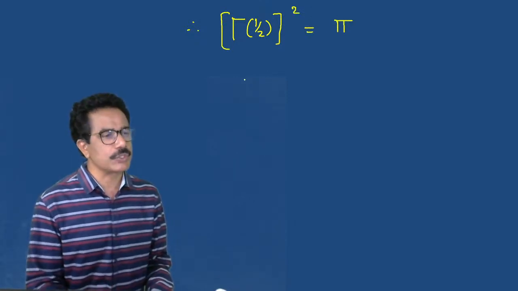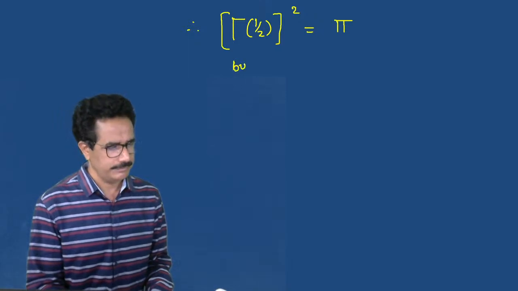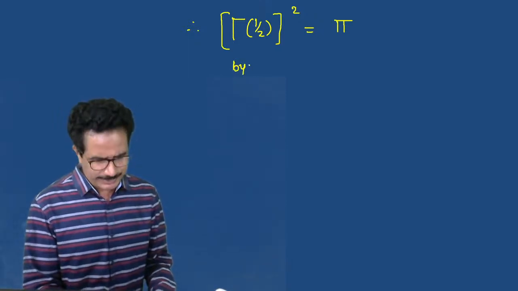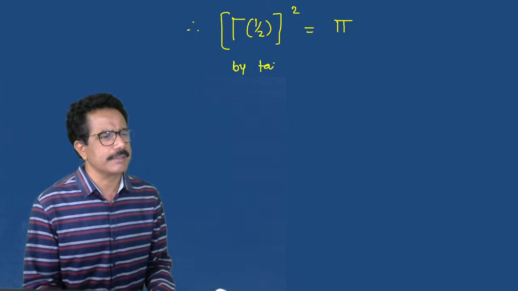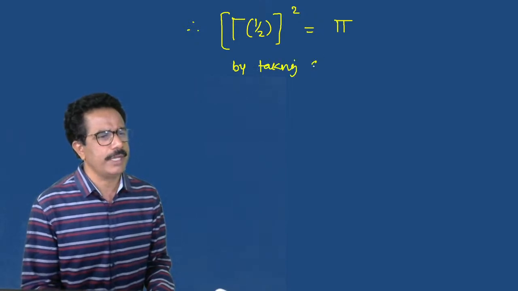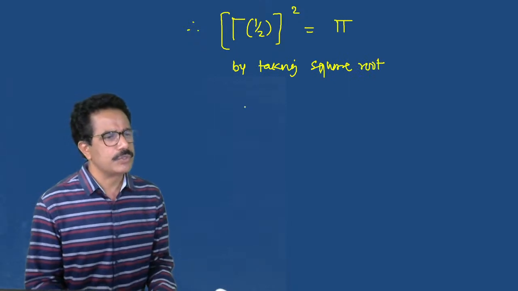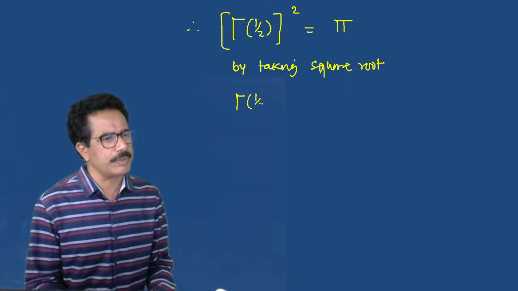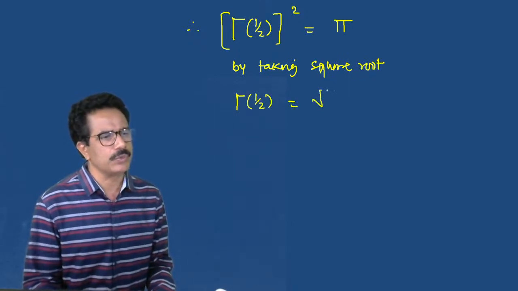By taking the square root, so gamma of 1 by 2 is equal to root pi, and hence proved.